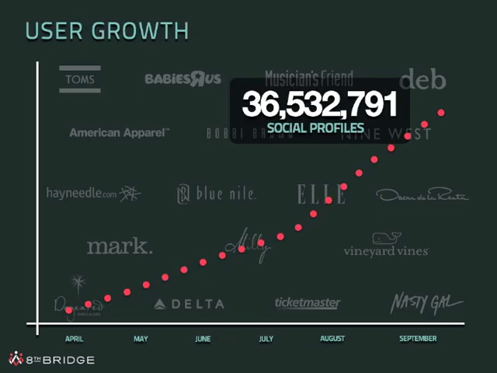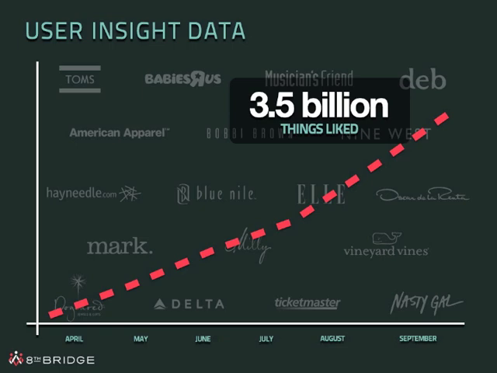The users of the applications and their friends have now totaled about 36.5 million social profiles in the database. Those people have liked in total about 3.5 billion things. That data is now available to the brands and the retailers that we work with to do a better job of targeting them with offers and special incentives.